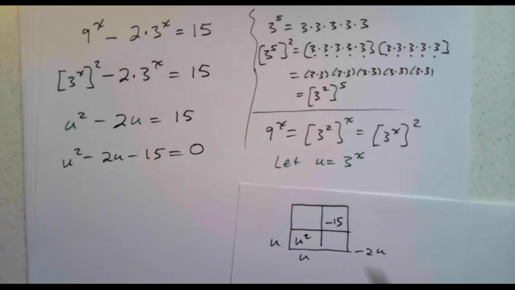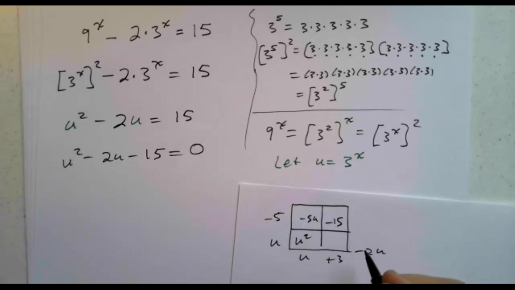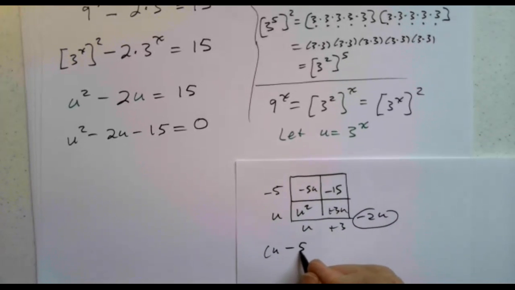So u times u, minus 5 here, plus 3 there, minus 5u plus 3u is minus 2u. So we get u minus 5 times u plus 3.